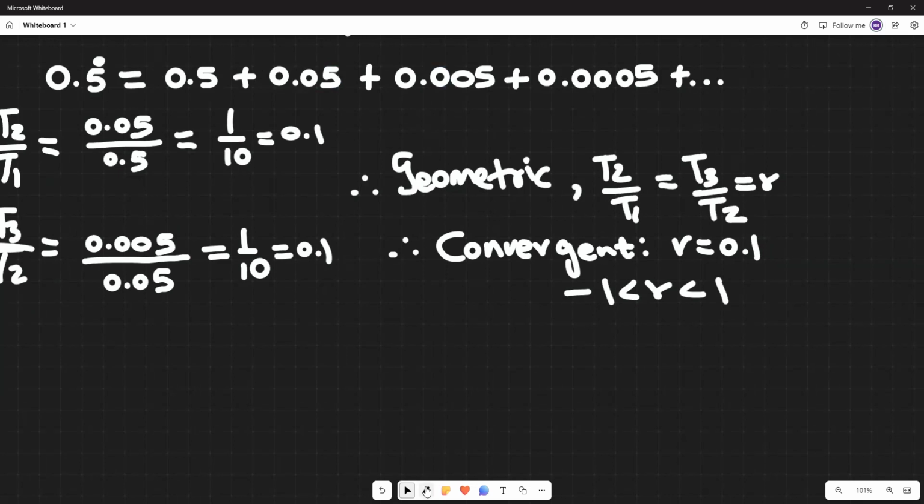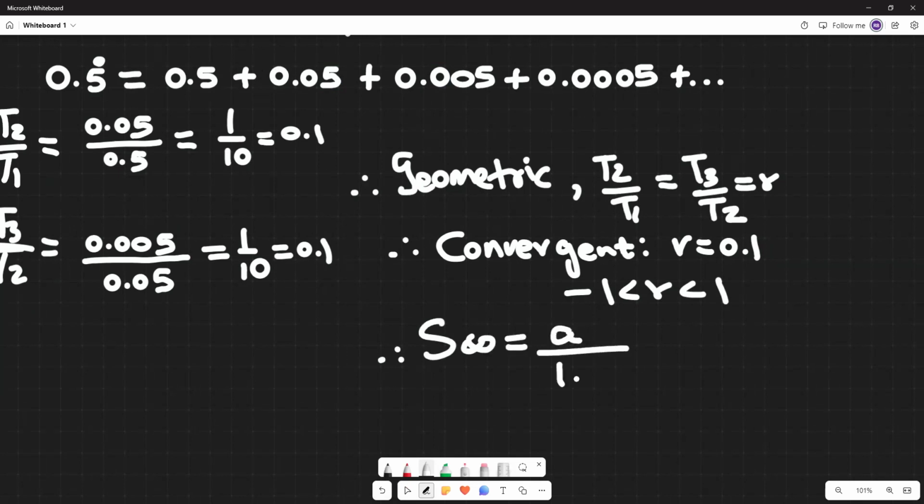So I can do sum to infinity. Therefore, since it's convergent, the sum to infinity will be a over 1 minus r, where our a is the first term, which is 0.5. So 0.5 over 1 minus r, which is 0.1.